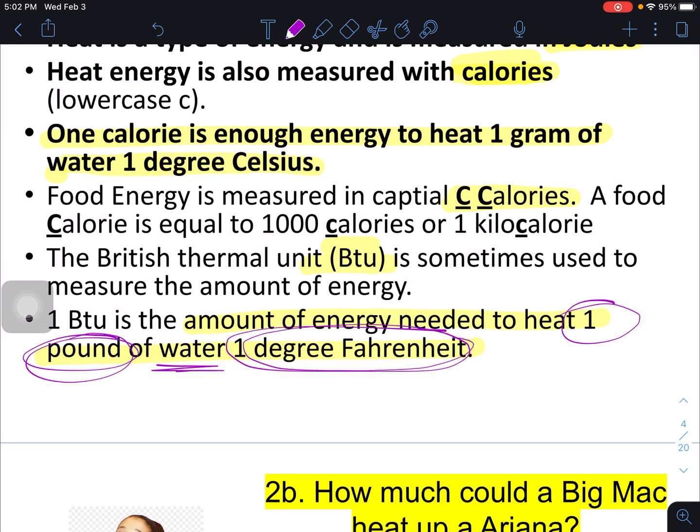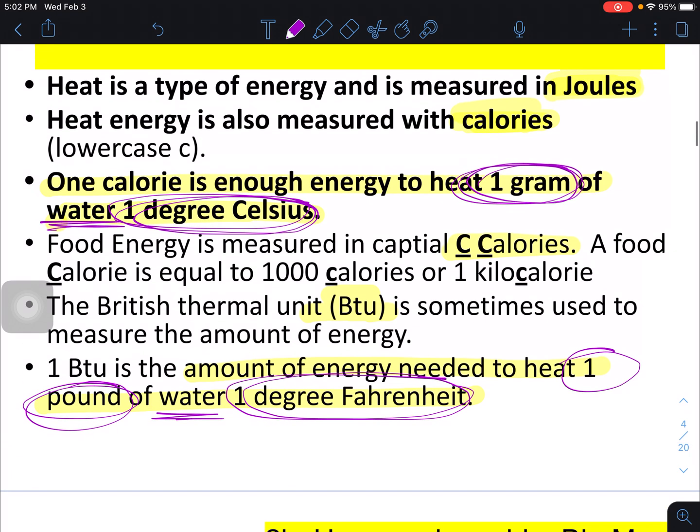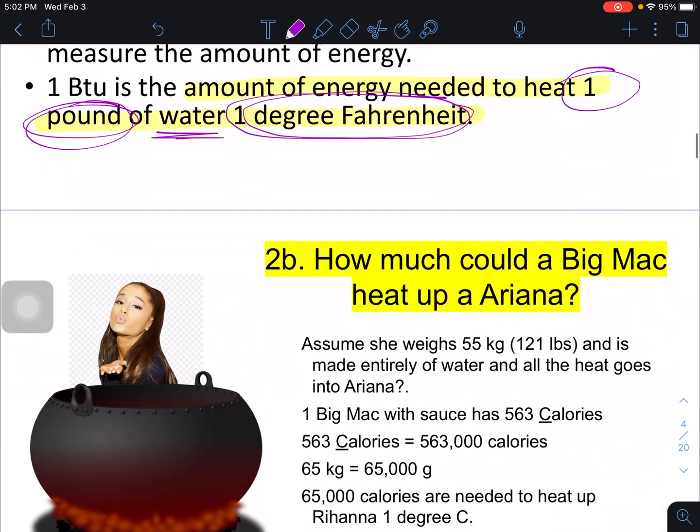But for the calorie, in the second definition, we're talking about 1 gram, not 1 pound, of water, 1 degree Celsius instead of Fahrenheit. So those are the differences in those units between calories and BTUs.